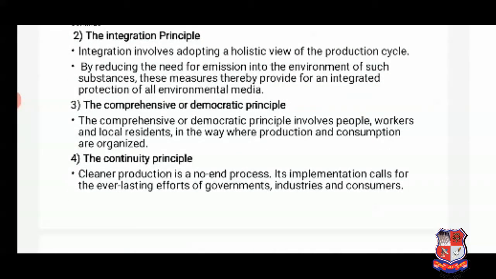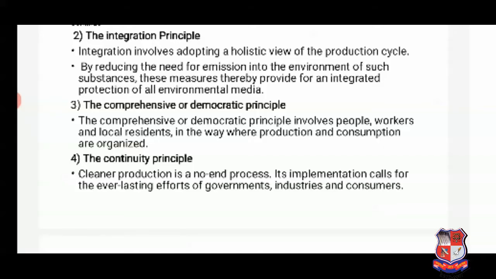The second principle is the integration principle. Integration involves adopting a holistic view of the production cycle by reducing the need for emission of such substances into the environment. These measures thereby provide for integrated protection of all environmental media. The third principle is the comprehensive or democratic principle.